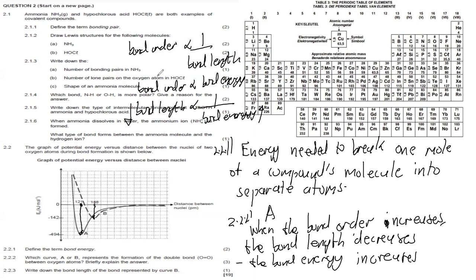So make sure that you note those relationships into your book so that next time you are able to answer such questions. Now, in 2.2.3, they're saying write down the bond length of the bond represented by curve B. To indicate the bond length, this is what you do.